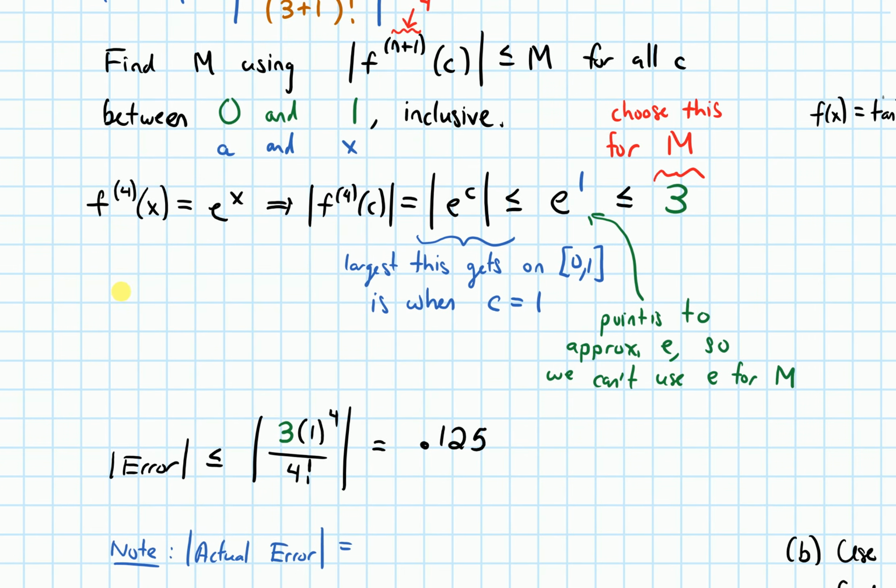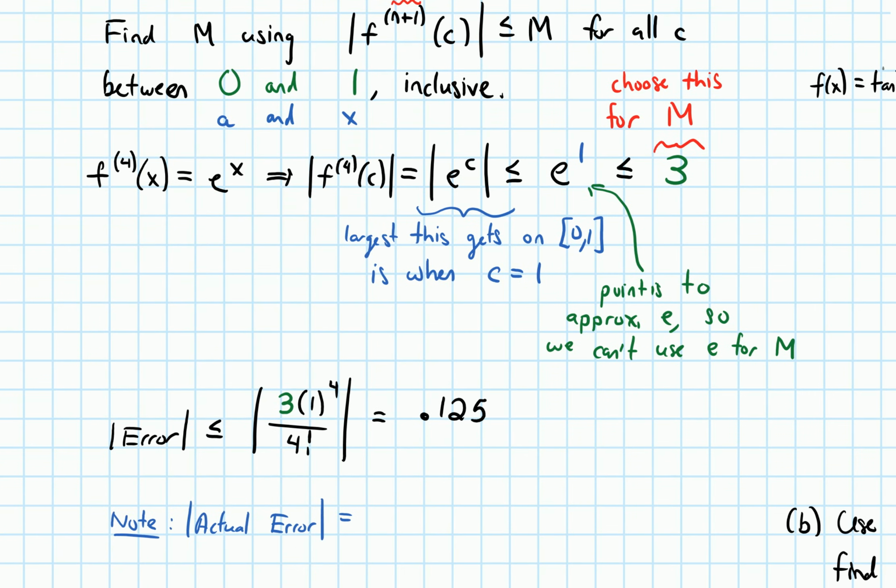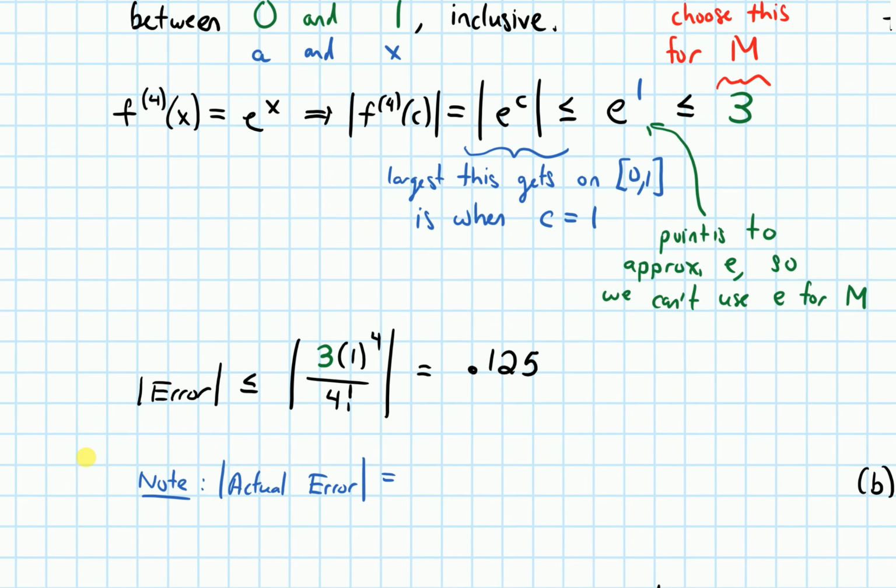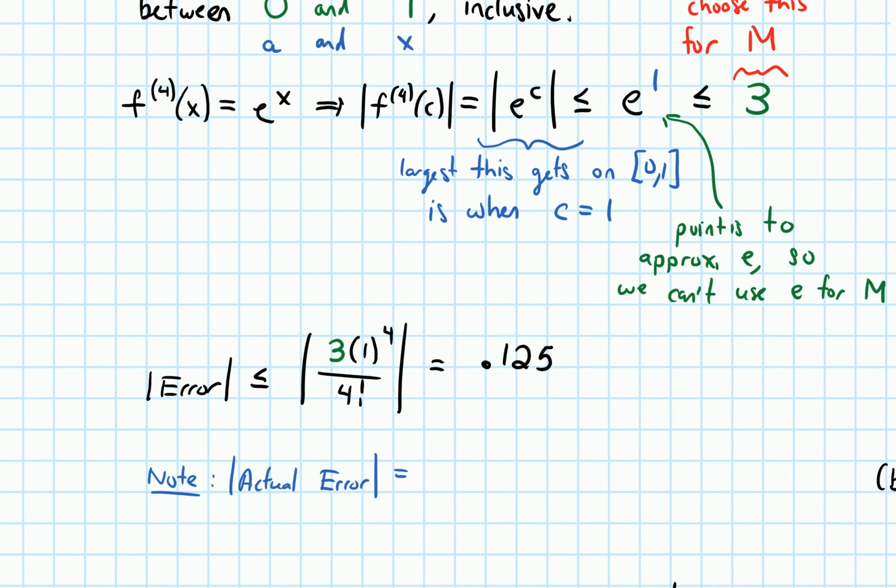Okay, so now I want to note a key thing. Note that the actual error is the absolute value of the true value, whatever e is, minus the approximation that we got in part A, which was 2.66667. So that's what the actual error is. We are just estimating that actual error.